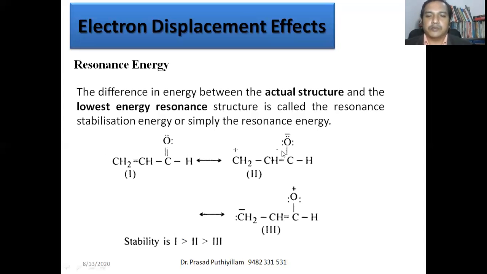Therefore we can represent this molecule as CH2 plus, CH double bond C single bond OH, with oxygen having a negative charge. Or we can represent it with one more electron density shifted, becoming negative here and positive here. These structures are less stable than the first one.